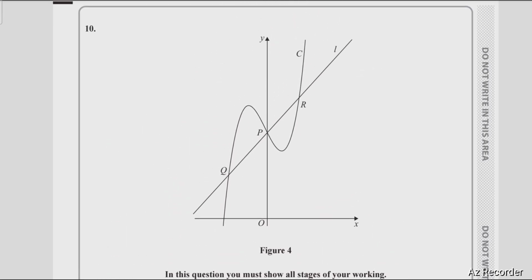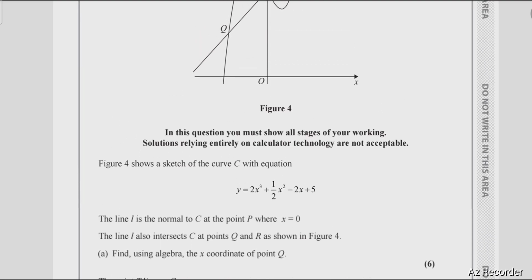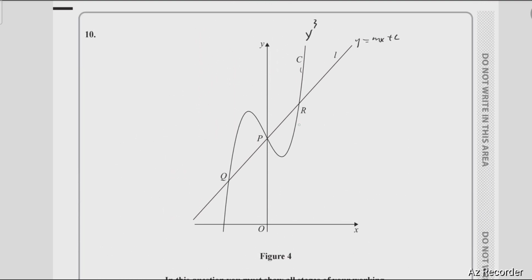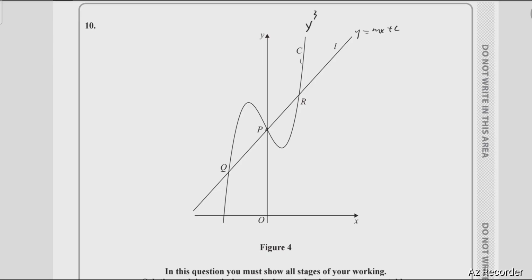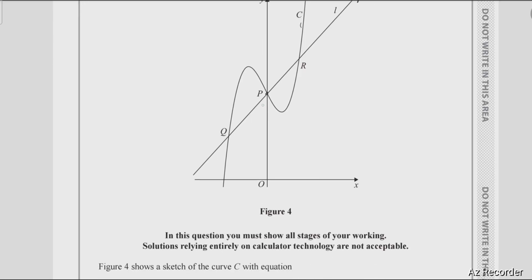Now the graph shows a cubic function, x cubed, and a linear straight line, which is y equals mx plus c, intersecting at 3 points, and that point is the y-intercept, so x is equal to 0 at this point.